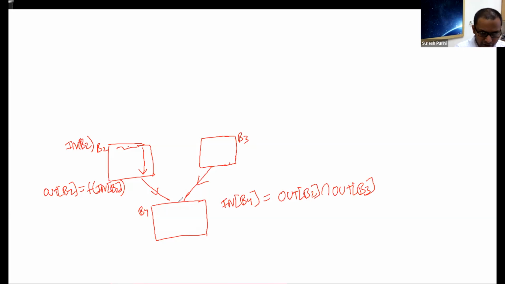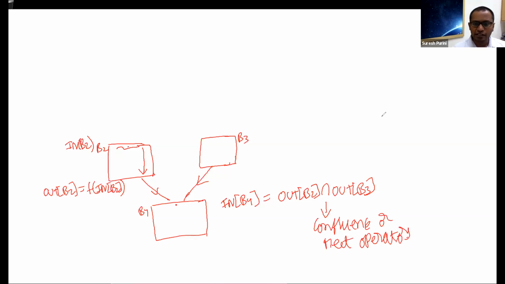So we say that an expression is available at this program point at the beginning of this basic block if it is available along this edge and if it is available along this edge. Because of that, the confluence or meet operator is intersection.